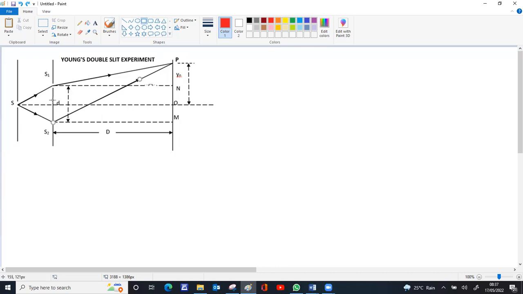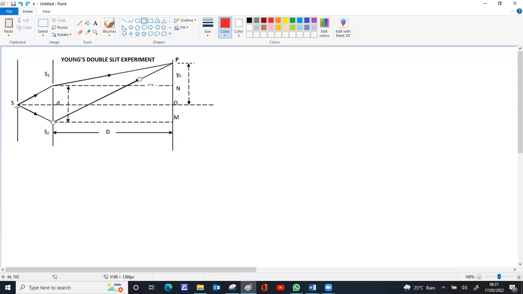S1 and S2 act as coherent sources of light because both of them get the same wavelength, and whatever light emerges from S1 emerges the same way from S2, because it originates from a single monochromatic source. For the point O, S1 to O and S2 to O are equal because it is on the perpendicular bisector.